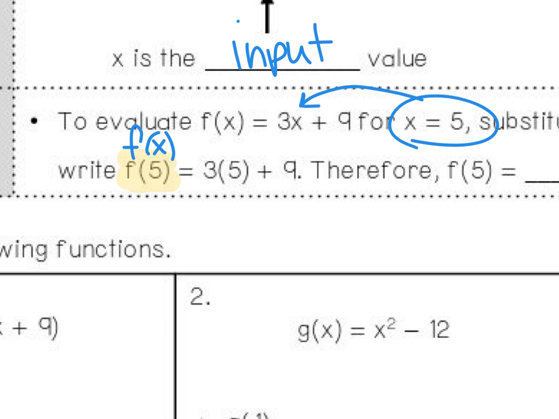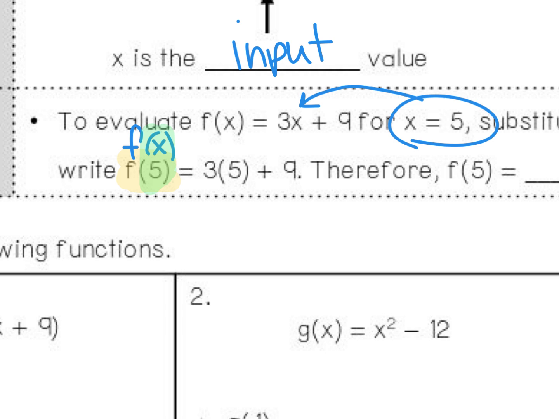What if I did this? If I wrote f of x over it, I want you to realize the x and the 5 line up, yes? Yes. This is another way of them saying x equals 5. So this is the algebra part. In 8th grade, they gave you x equals 5.